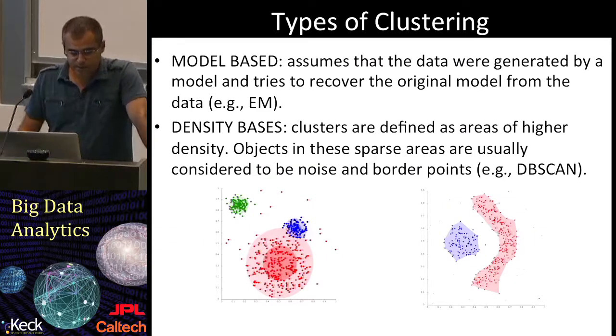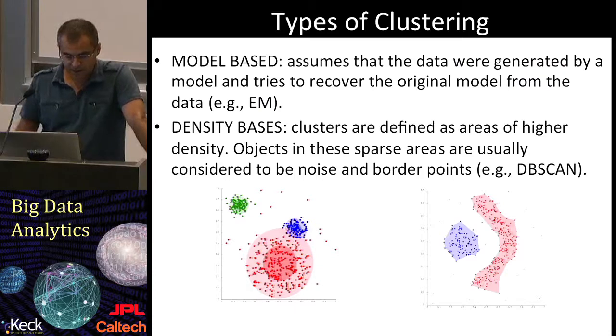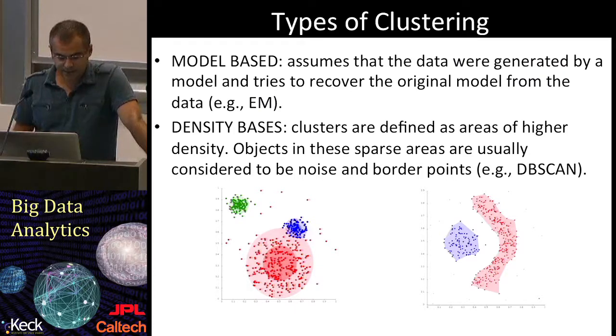Then, in model-based clustering, we assume that the data are generated by a model, and we try to recover the original model from the data. The model that we recover from the data then defines the clusters and the assignment of samples to the clusters.